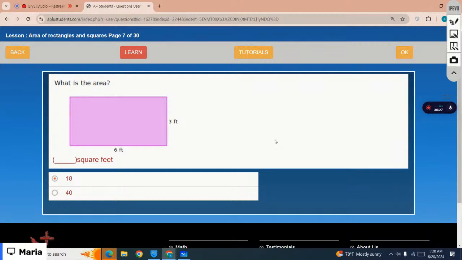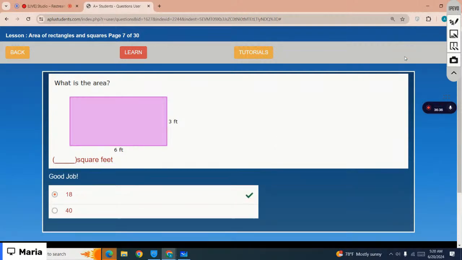So 6 times 3 is, yes, 18 square feet is the correct option. Option number 2 is the correct one.